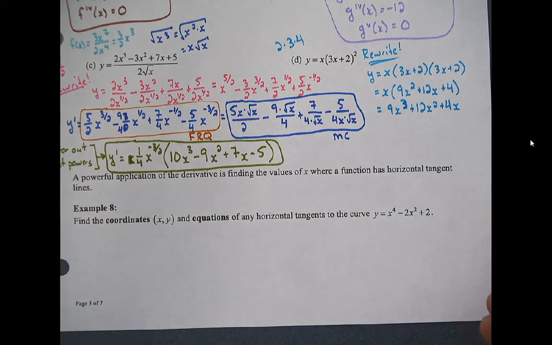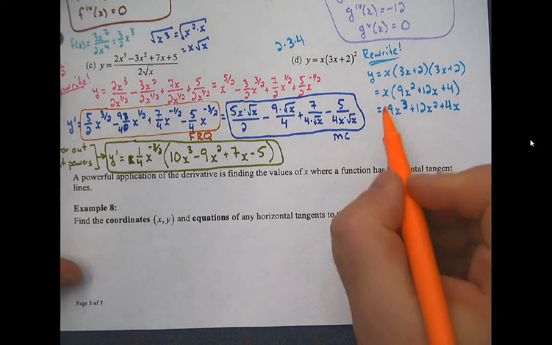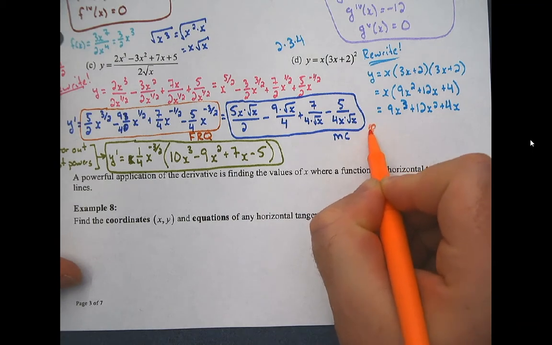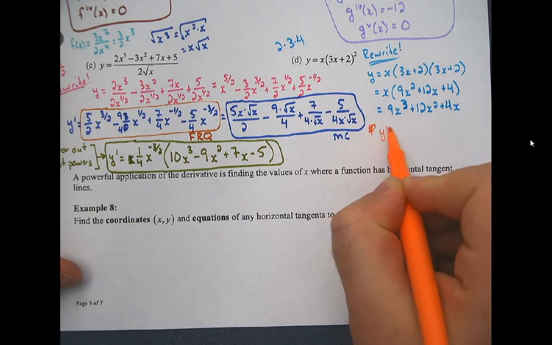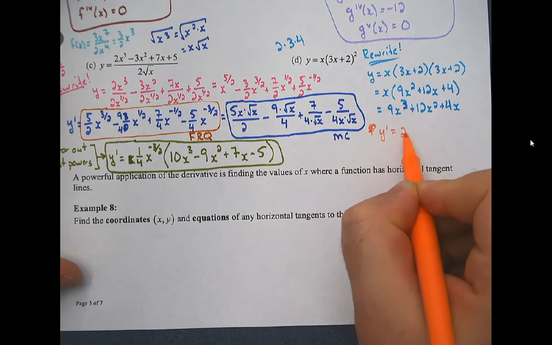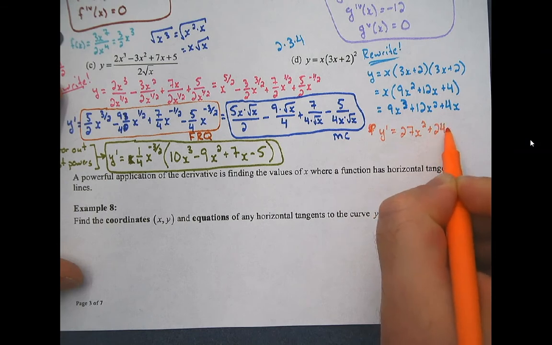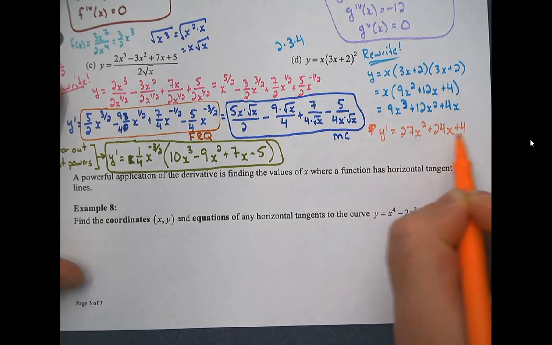Now I have something that's super easy to differentiate because it's already in polynomial form. So I don't even need to do a cleanup at the end. We're doing y's here. y prime would be equal to 27x squared plus 24x plus 4.